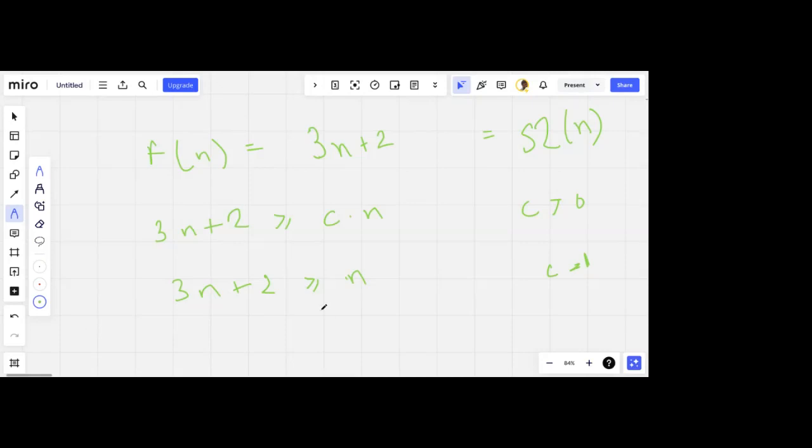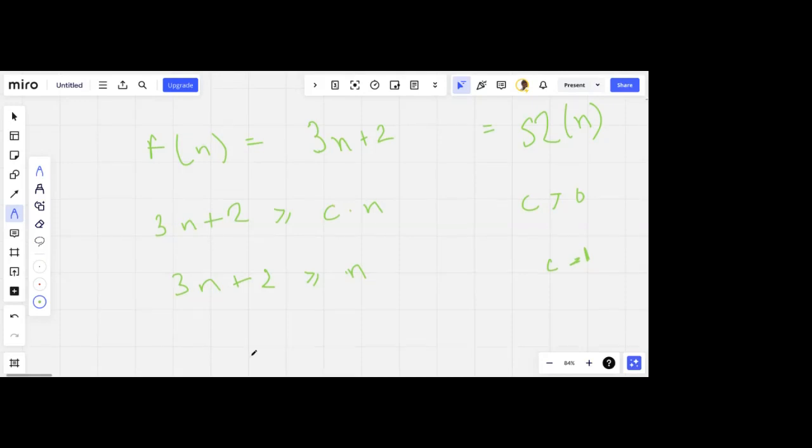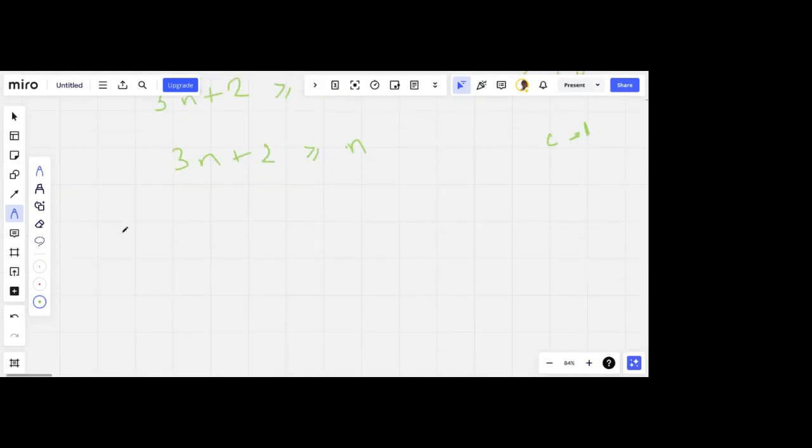For any n, even for 0, it is always greater. Yes or no? So I have values of c for which this condition is true, right? So I can also say that this is big omega of n as well. Okay, now similarly the same thing goes, but guys, big omega is not asked anywhere. So don't spend too much time on this, only big O is important, right?